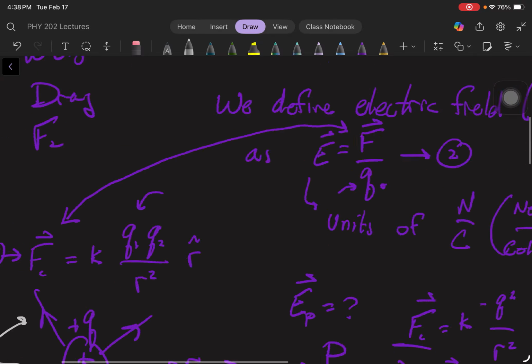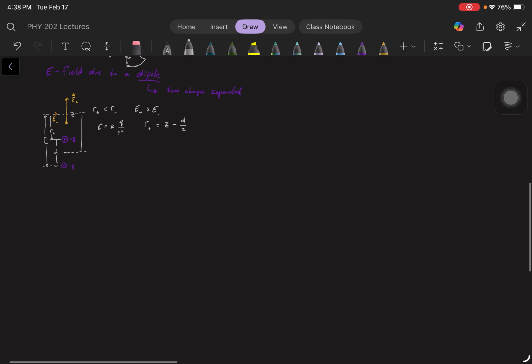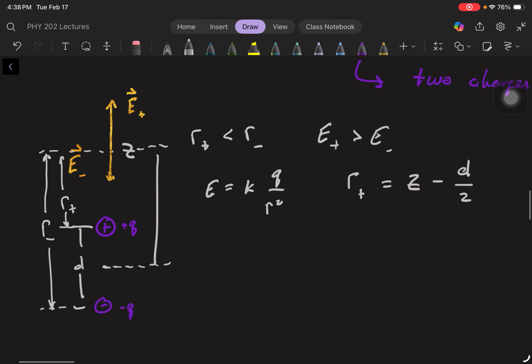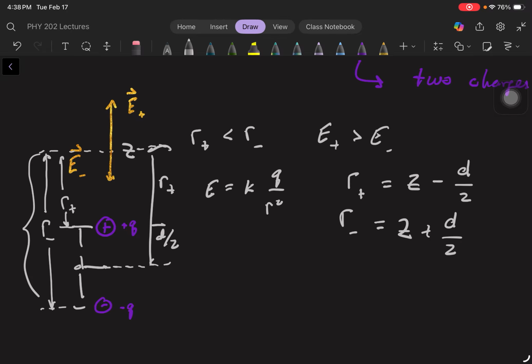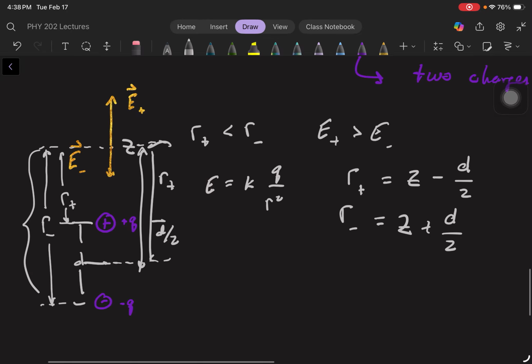Yeah, if Z is from here to here, and we want to find R plus, then we would subtract D over 2 to get R plus. Similarly, we can say R minus is equal to Z plus D over 2. Right, this distance R minus has this distance Z plus this D over 2 getting us there.